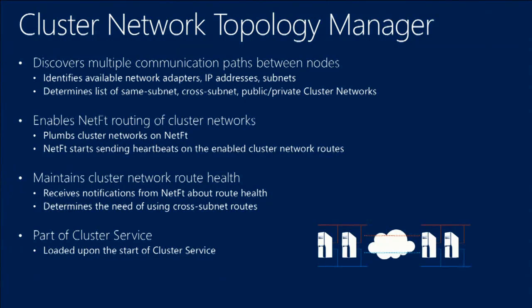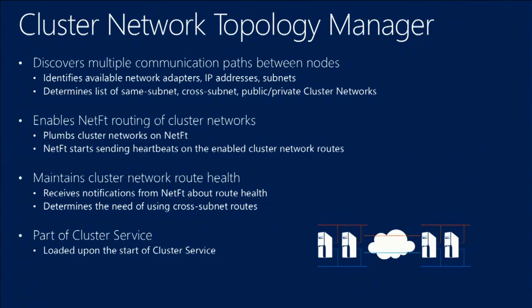And once it recognizes a particular route, like IP1 of node 1 talking to IP2 of node 2, it actually plumbs that route on netft. So netft receives this plumbing information from cluster service, and once it receives this information, it starts heartbeating on that route.